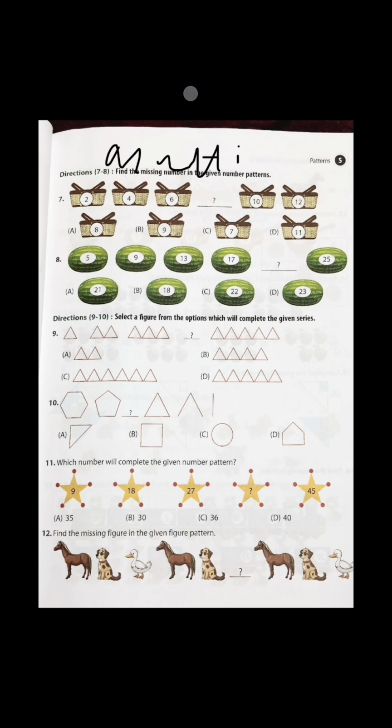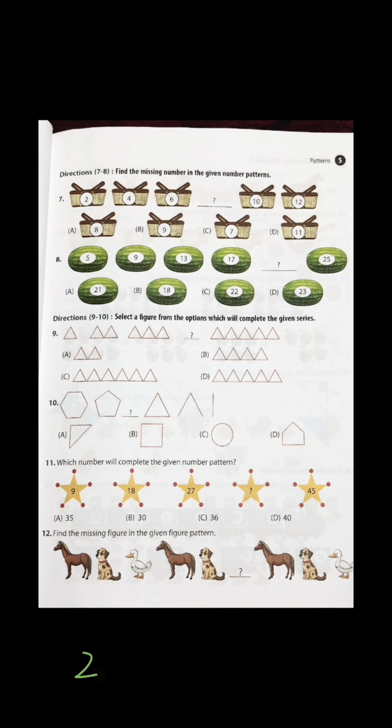This is the multiplication of 2, and the next thing is that we are adding 2 to every number. So there are two things. One is that it is multiplication of 2, and the other one is that we are adding 2 to every digit.